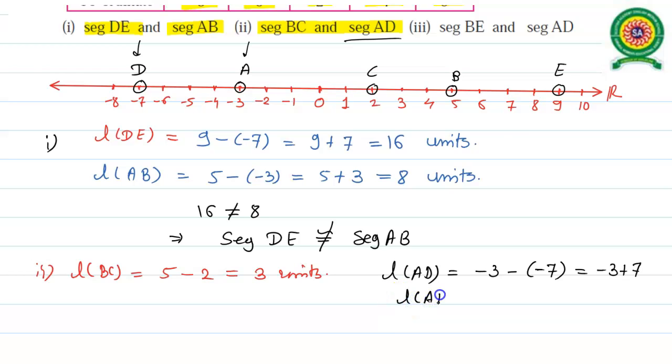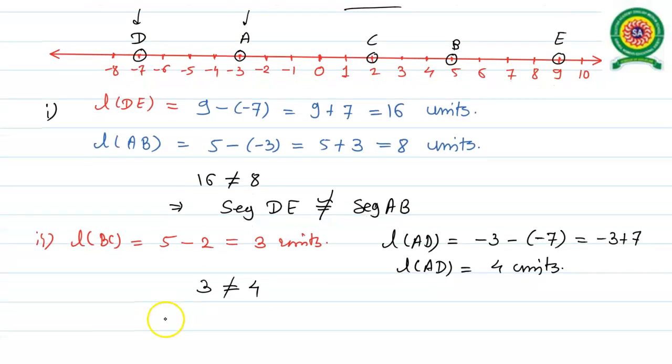So the length of AD equals 4 units. Since both lengths are not equal, the given two segments are non-congruent. So 3 is not equal to 4, so segment BC is not congruent to segment AD.